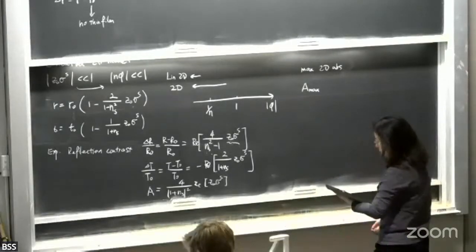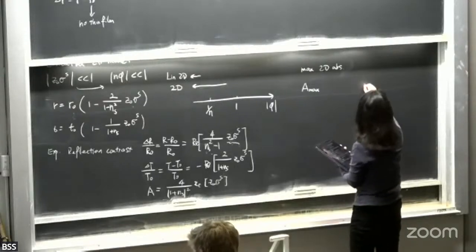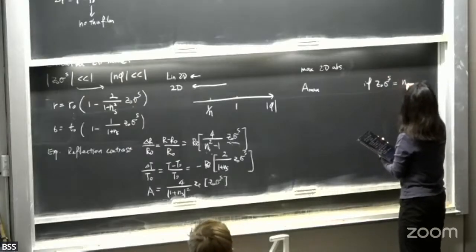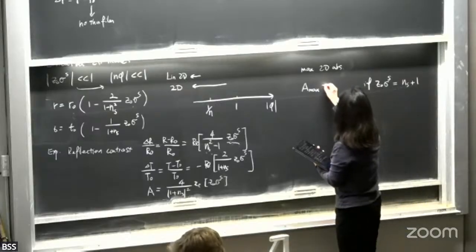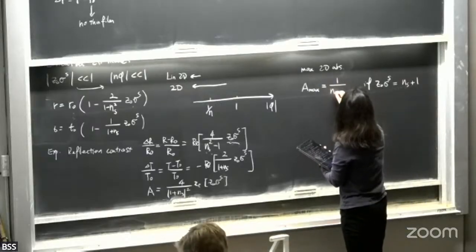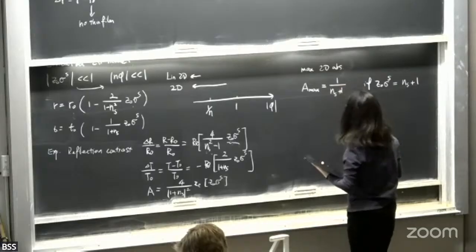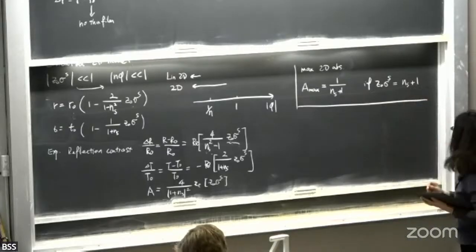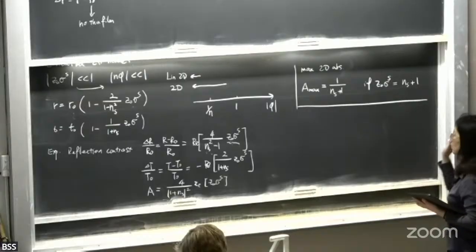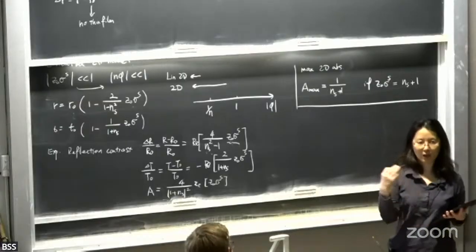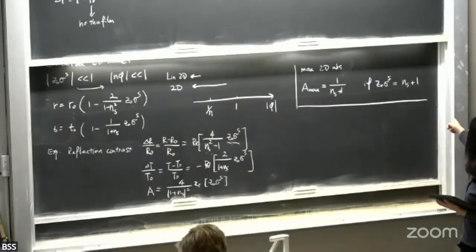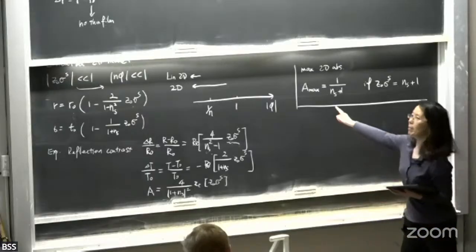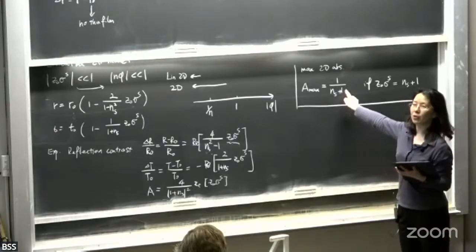This happens when Z0 sigma_S is n_S plus 1, and in that case, A max is 1 divided by 1 plus 1. The simple algebra, I'm not going to go through. So what this says is, if the sheet conductivity multiplied by the vacuum, free space impedance is 1 plus the index of the substrate, you get maximum absorption, and the value is this.